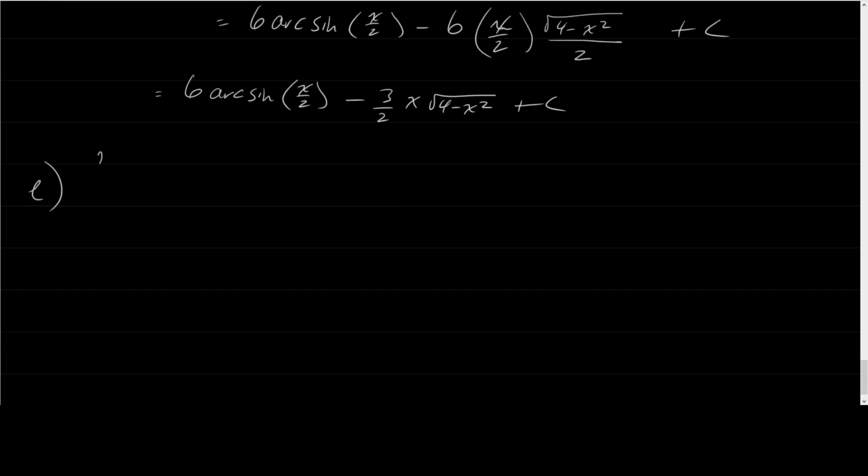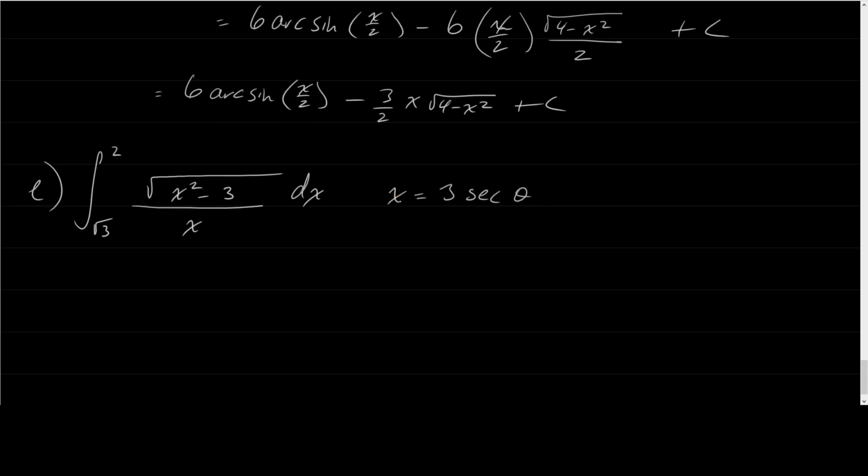E has the integral from radical 3 to 2 of the square root of x squared minus 3 over x dx. Here we have a function minus a number, so I know that we're going to start by letting x be equal to 3 secant theta.